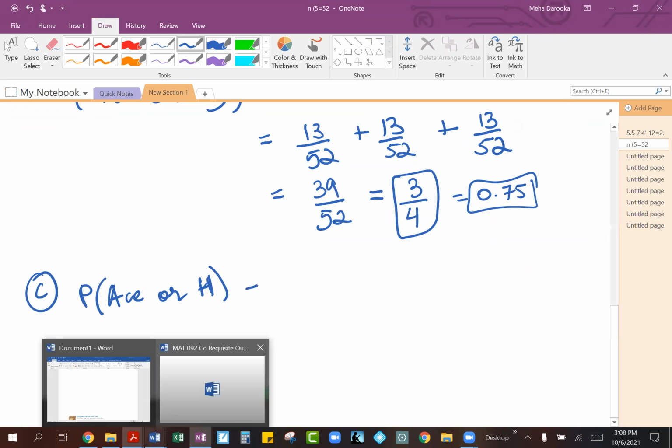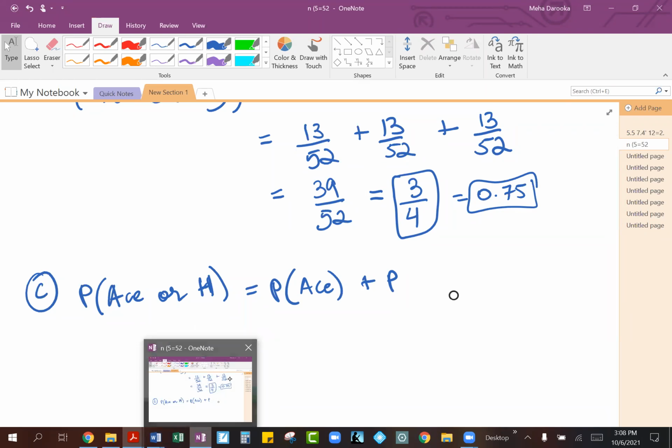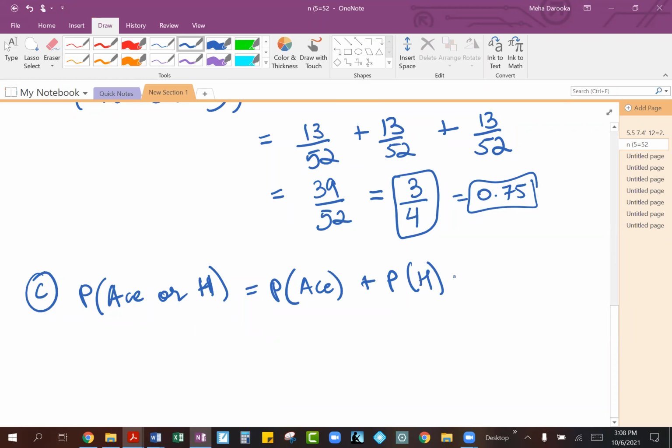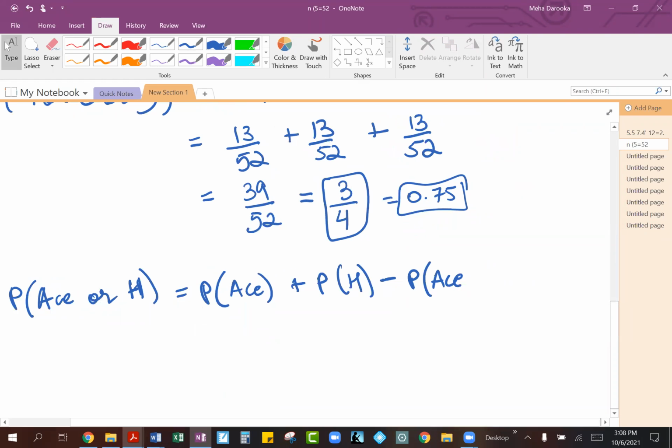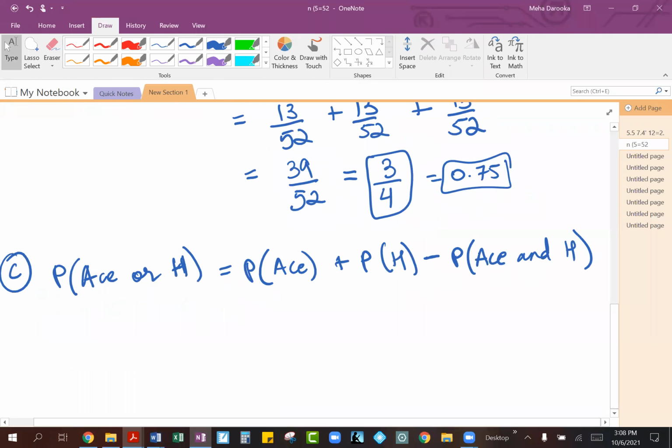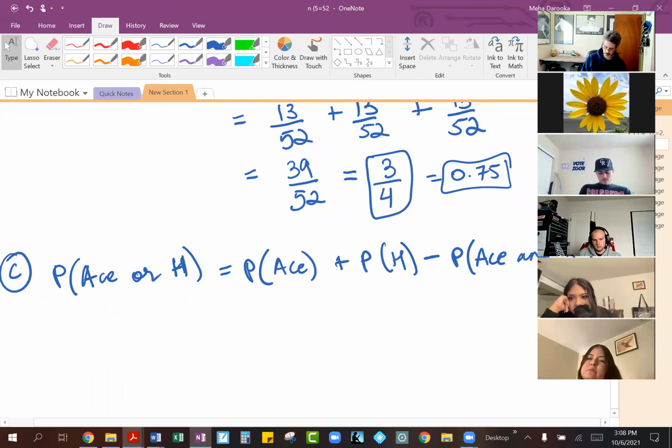So since these are not mutually exclusive, that means you would take the probability of, what's the chance that we will get an ace, add that with the probability of getting a heart, but then we would have to subtract the probability where there's a possibility that an ace and a heart can happen at the same time. So let me ask you this first. What is the probability of getting an ace?